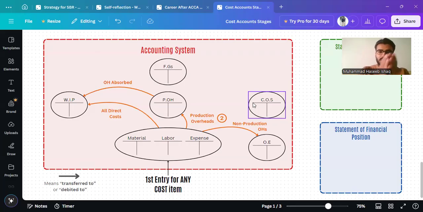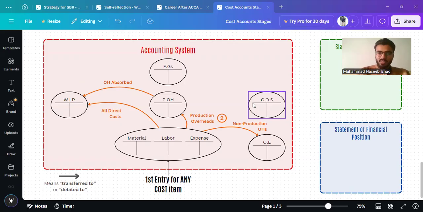What is now being transferred to the work in progress account is the overhead absorbed amount. This is not equal to actual overheads. What is the difference between overhead absorbed and actual overheads? In the overhead chapter, you must remember that the difference between the overhead absorbed amount and the actual overheads is known as over or under absorption. So the difference that now remains in the production overhead account is the over or under absorption.